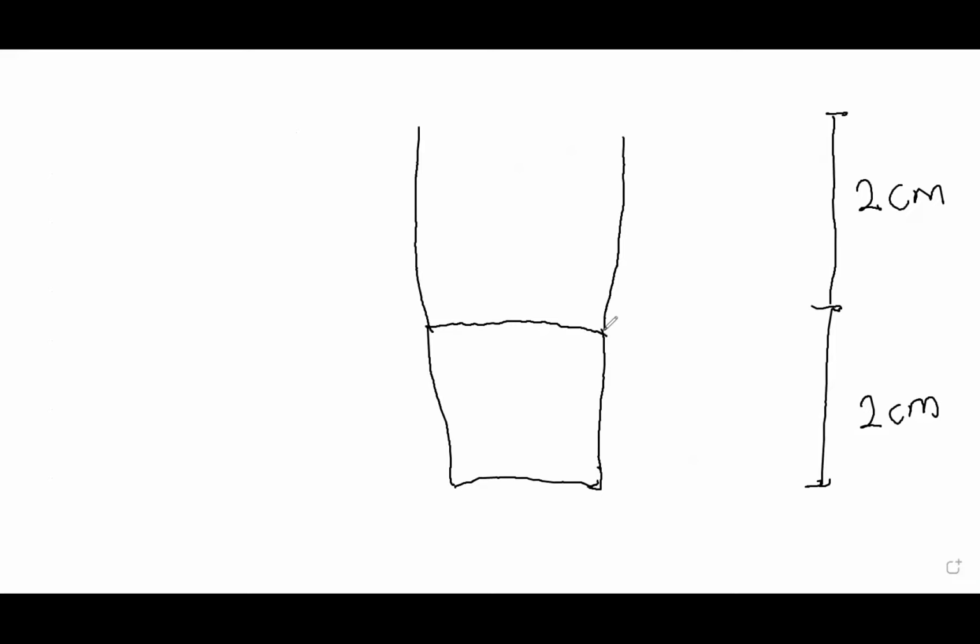Now, the mucosa of these are separated by some columns, some elevated ridges, about 5 to 6 on each side, making about 10 columns of Morgagni.